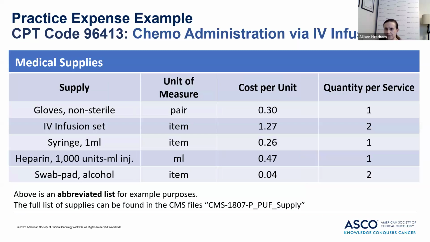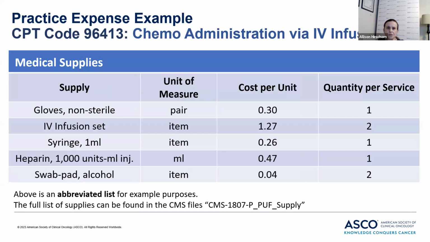Moving to medical supplies. Now, this is a very abbreviated list of supplies for 96413. You can find the full list of supplies in the direct input information that is located on the CMS website. So here we have outlined a few of the supplies.